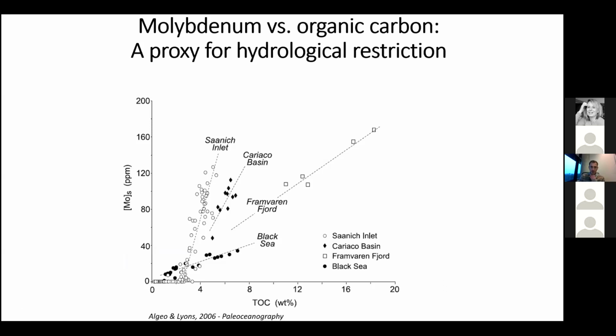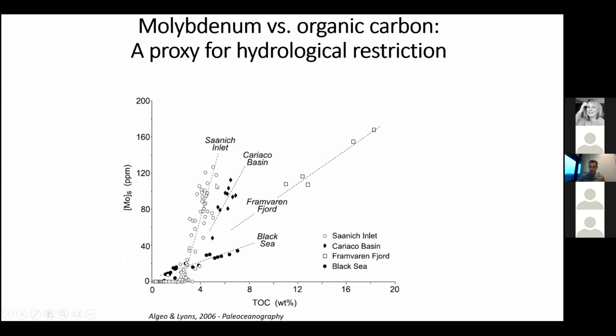So we can do more with these trace metals. One of the applications is, for instance, plotting molybdenum versus organic carbon, and this can say something about the hydrological restrictions. This was developed by Tom Algeo and Tim Lyons in 2006. They used data from four different euxinic basins with euxinic bottom waters with different restriction grades.